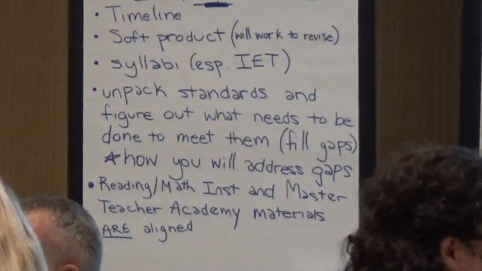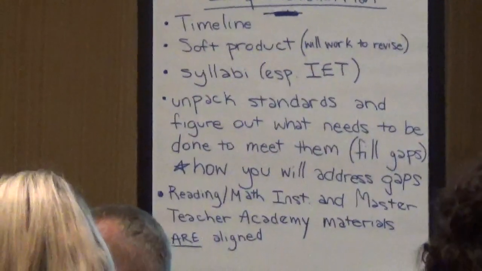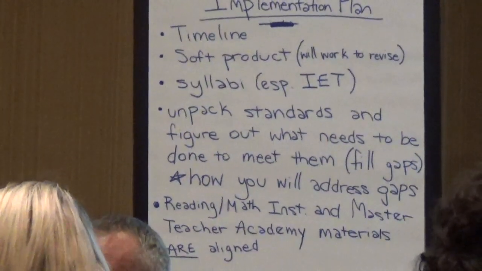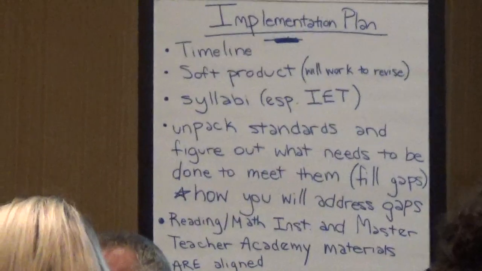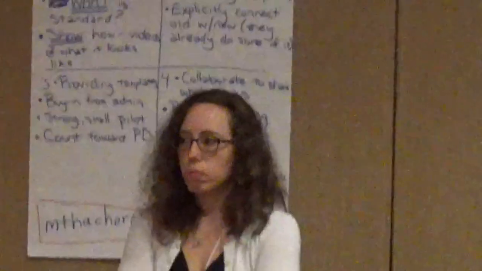If you don't do something in ELA specifically about teamwork, maybe that's an area. If you haven't been doing financial literacy, I don't know if you have or not, but in other words, you're going to be looking at the standards and seeing what you are doing, what your curriculum covers adequately or exceptionally well, and where you need to do some work. And then a plan for how that work is going to be done.